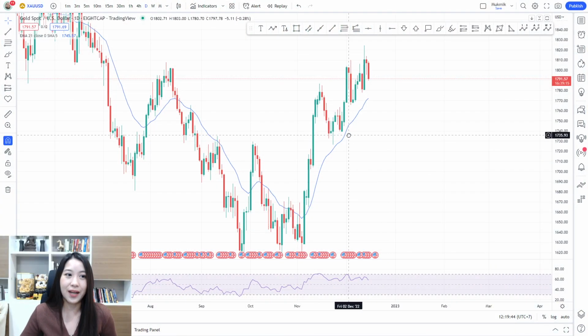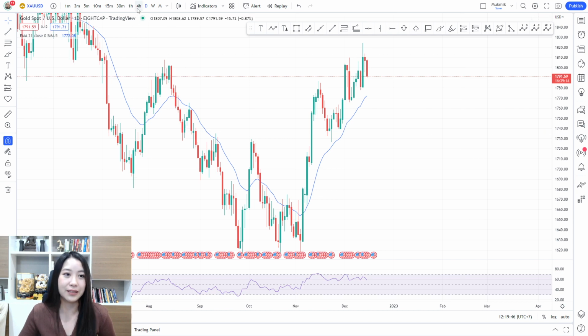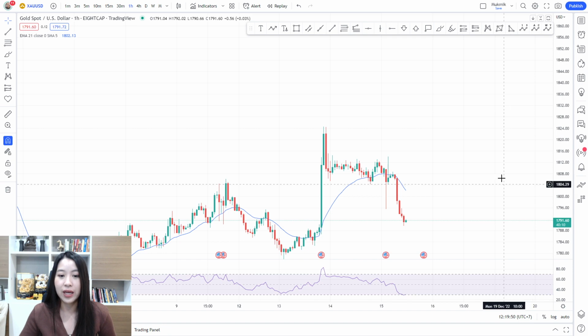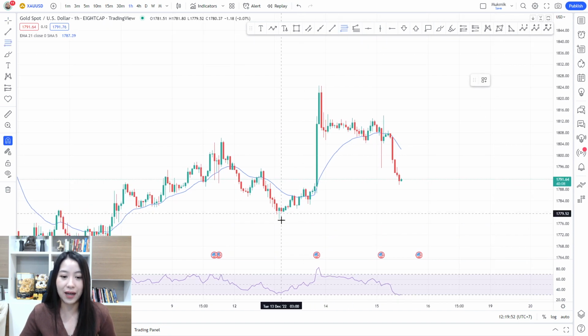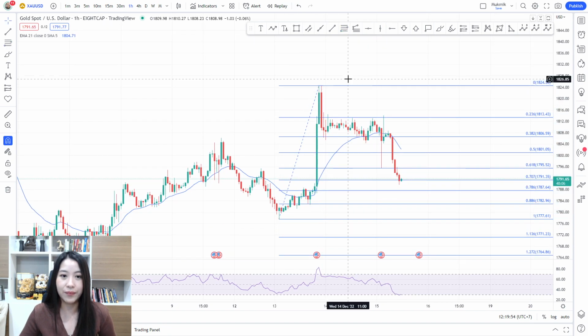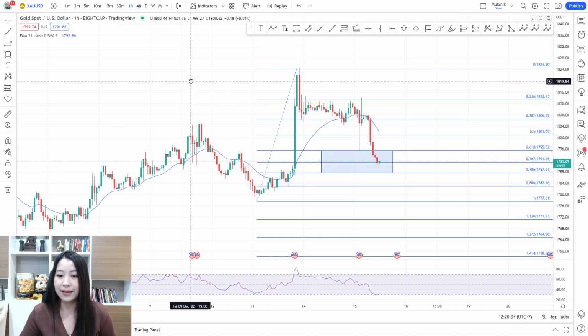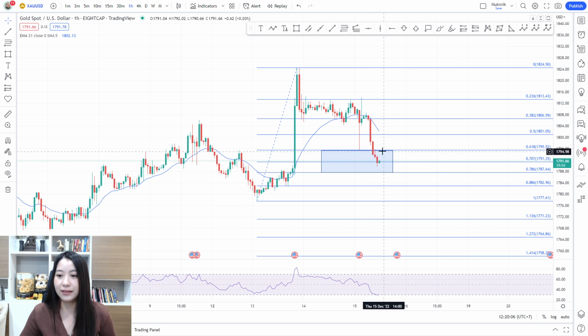So here we go. Let me talk you through what happened yesterday. We have our QM buy here and our entry point that I said would be at 61.8 to 78.6, and that's roughly around 1796.95 to 1787, right?